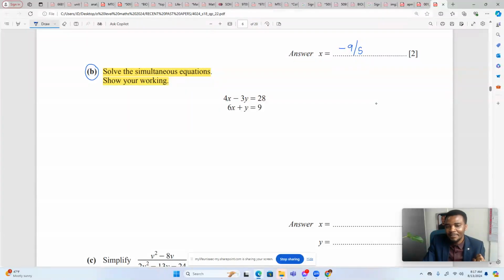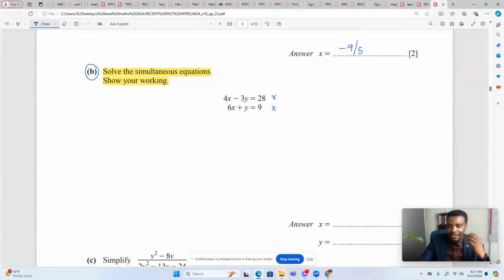Remember, there are so many methods of solving simultaneous equations. You can use the elimination method, the substitution method, the graphical method, the matrices method, etc.